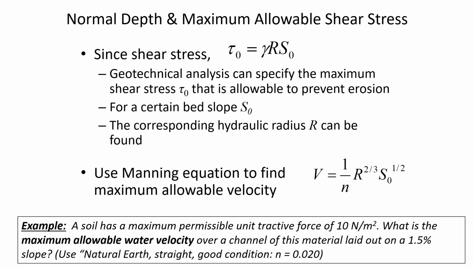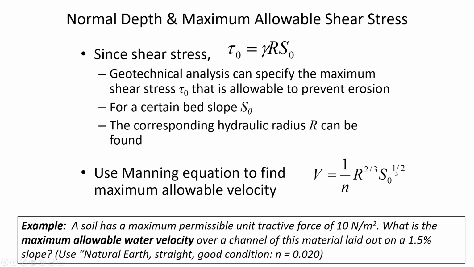And so the water is moving downstream, the soil is resisting the movement of the water, but eventually the scour effects of the water are going to be enough that it can begin to cause the scour and erosion of the stream bed. And so the internal strength of the soil here, 10 newtons per meter squared, is what we've got. And we want to find out what velocity, in terms of meters per second, is the maximum allowed that would limit this erosion in the case like this, where we know the slope is going to be 1.5%.